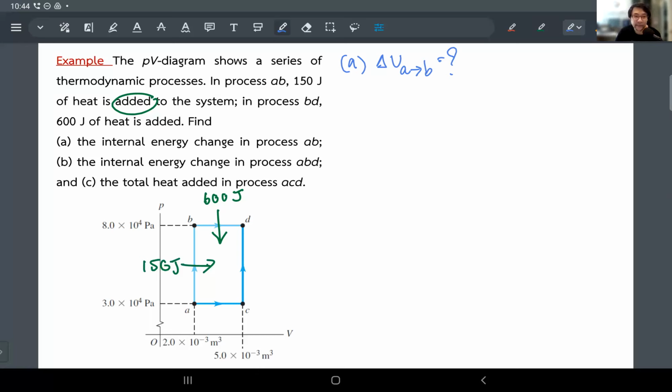Seriously, part A. Go from A to B. There is heat added to the system, 150 joules. The information on the PV diagram is obvious. You can read it from the scale. What is the internal energy change from A to B?